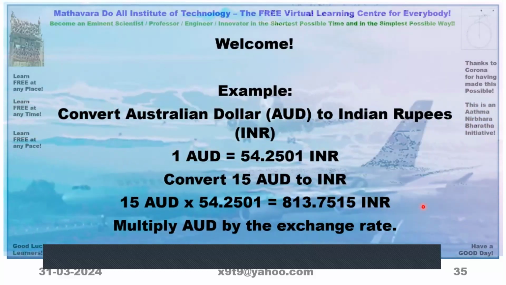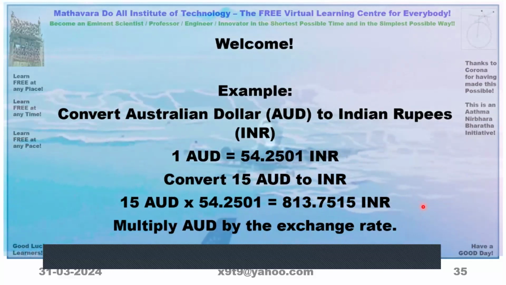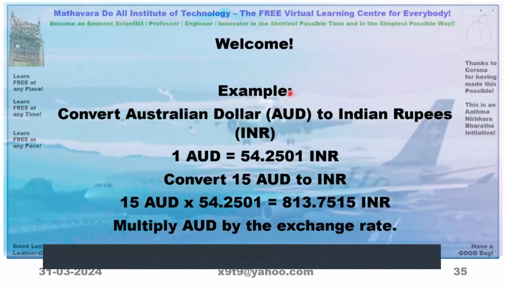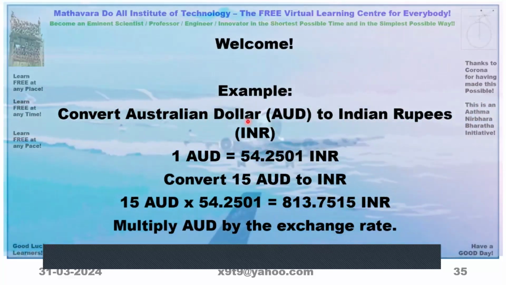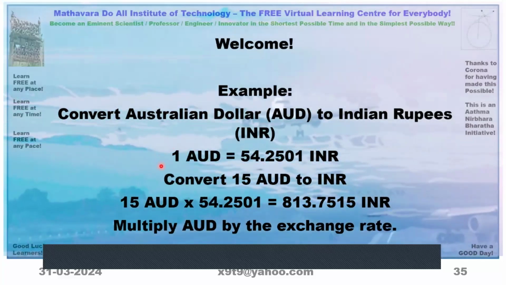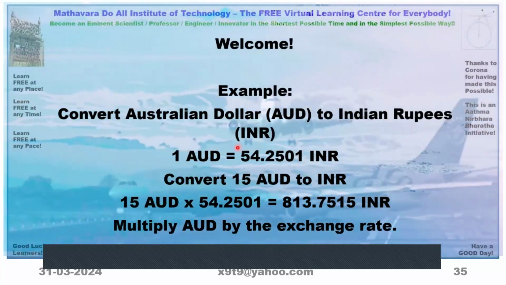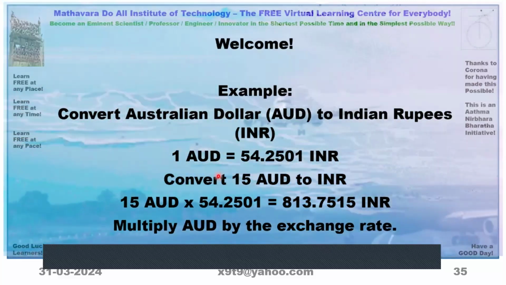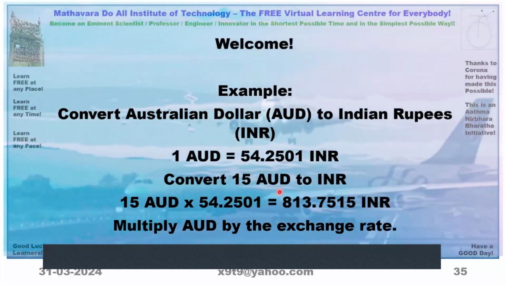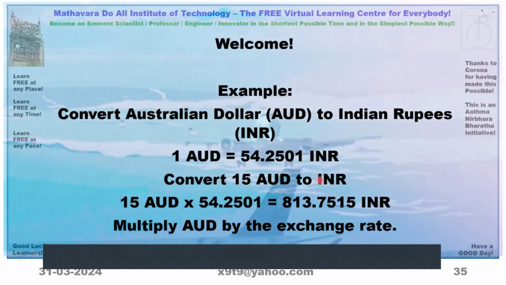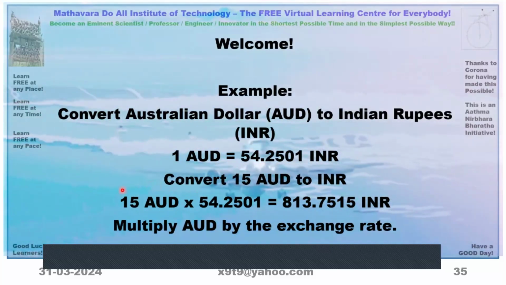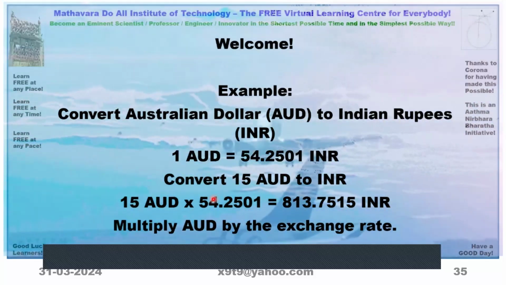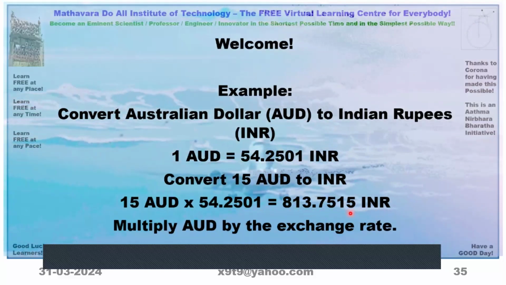Now another example, convert Australian dollar to Indian rupees. Australian dollar is shown as AUD here, Indian rupee is INR. Say 1 Australian dollar is 54.2501 Indian rupees. So convert 15 Australian dollars to Indian rupees. So you take the number of Australian dollars, multiply by this exchange rate, which will give this much rupees.